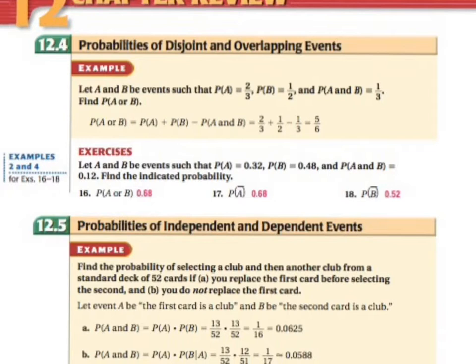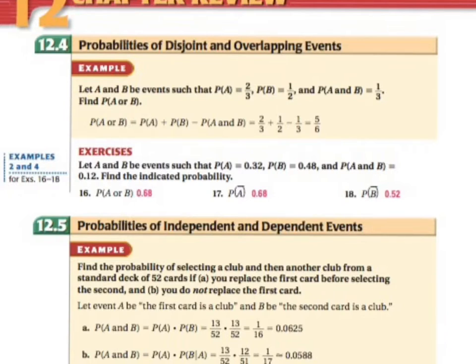So if it was an and, we would do what with those two? And you're going to multiply or you're going to add. So for the A or B, I just simply take the 0.32 and add it to the 0.48. A bar is what? What does that represent? The complement. So I do 1 minus A. And then for 18, I do 1 minus B.